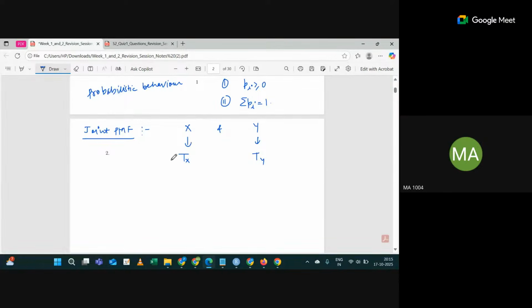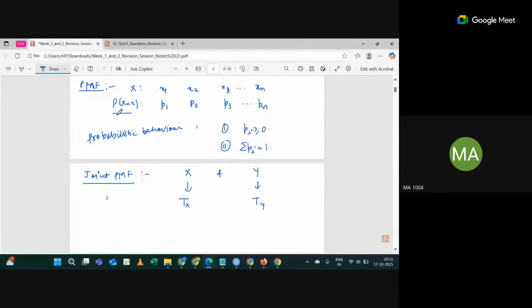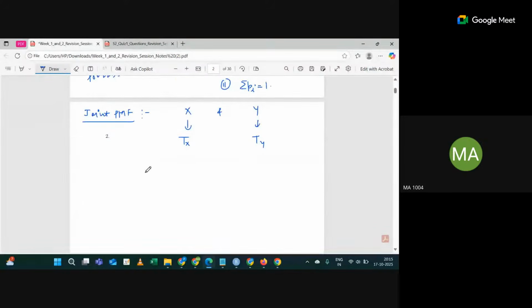So how will you define the joint PMF? Since we are dealing with the joint PMF, the notation is f of xy at t1 comma t2, equal to the probability that x equals t1 and y equals t2.